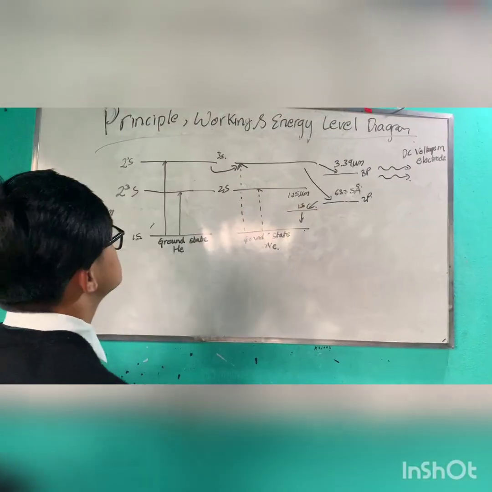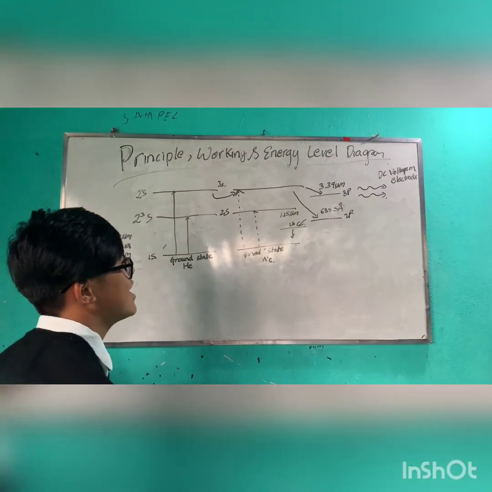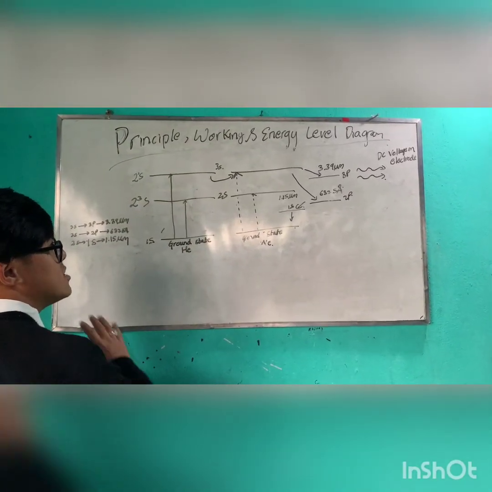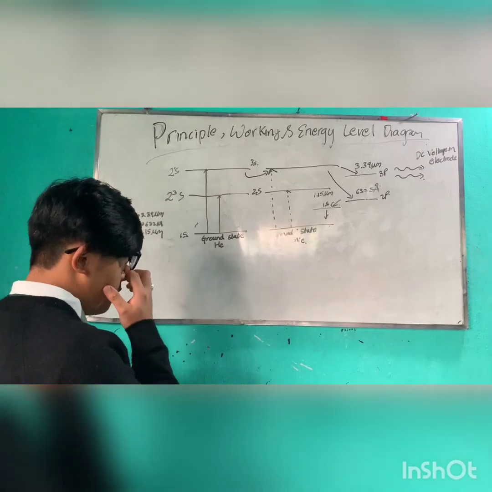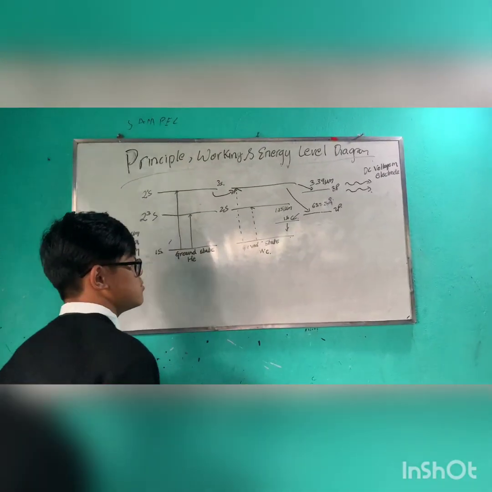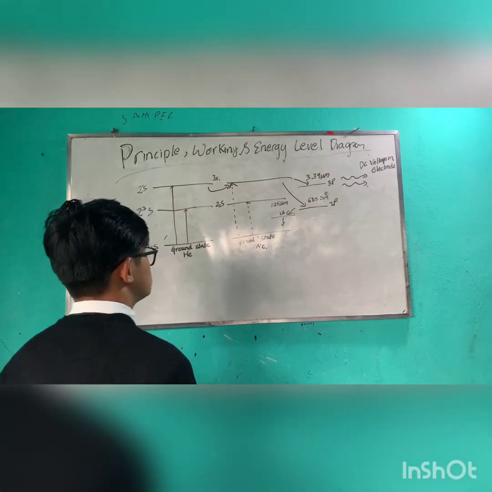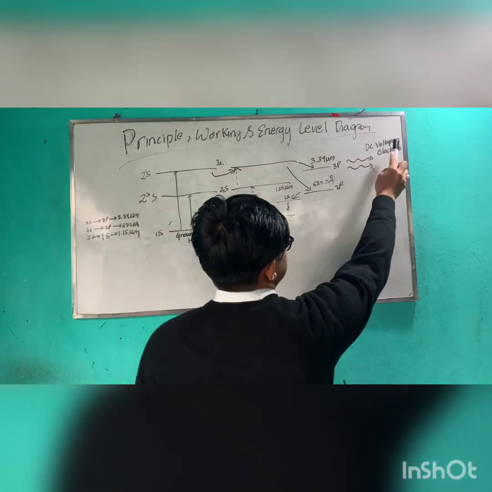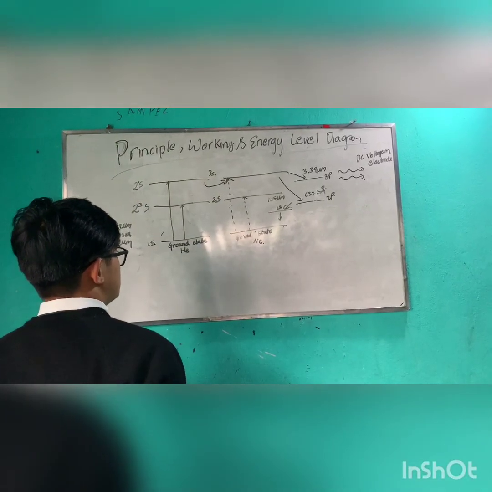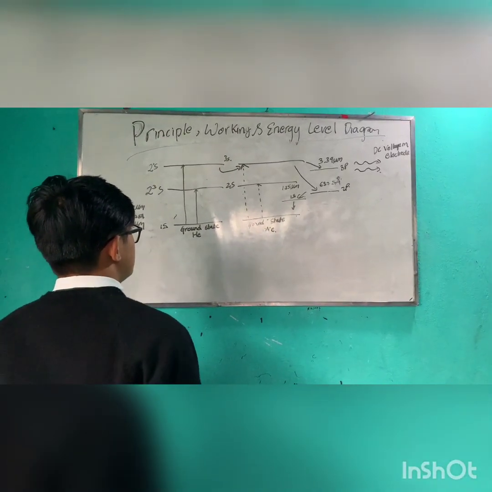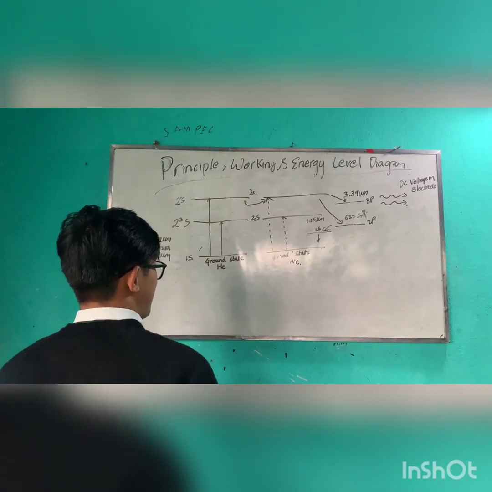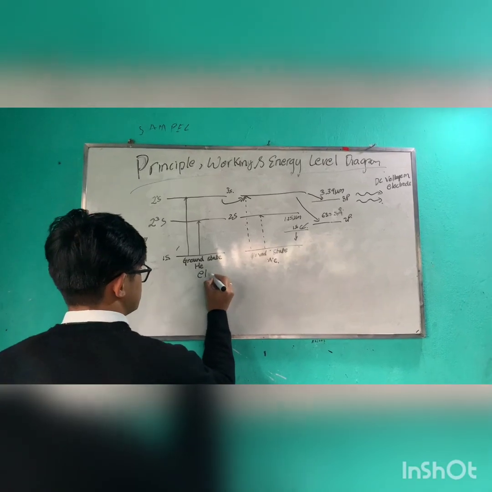Now we're going to talk about the principle, working and energy level diagram. Here is an energy level diagram of helium and neon inside the narrow discharge tube. When we supply DC voltage to the electrodes, the electrons excite the helium atoms by electron collision.